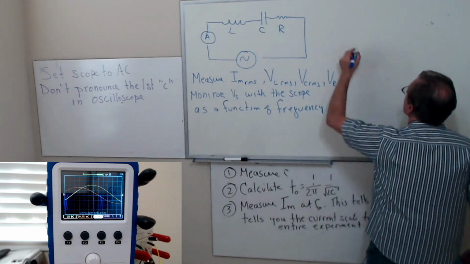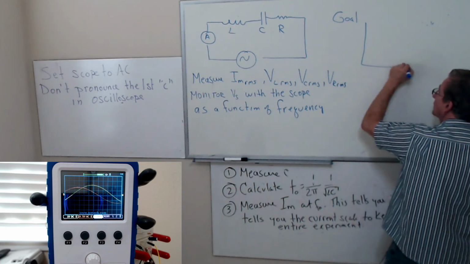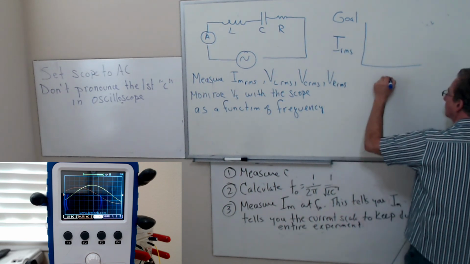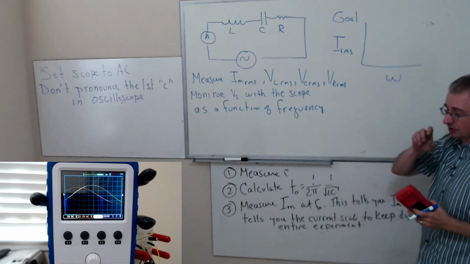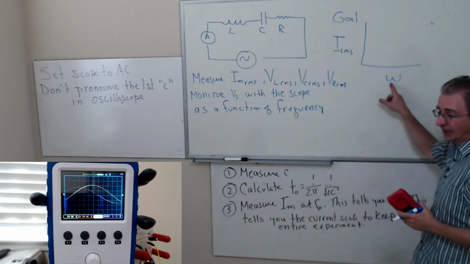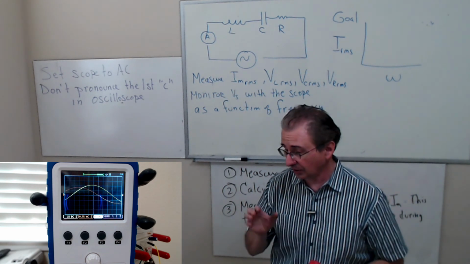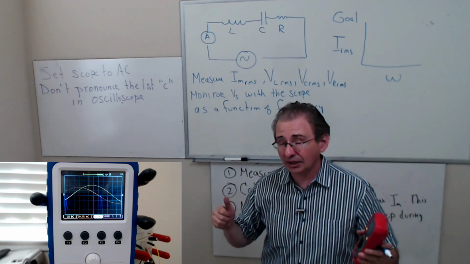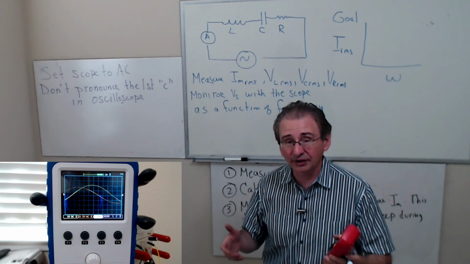Our goal is to get a nice plot of IRMS as a function of omega. And you'll see a picture in the lab where this is frequency. I prefer that you plot it as a function of omega because you will be doing the curve fit on this, and you have to plot I versus omega. And you'll do a curve fit I versus omega.